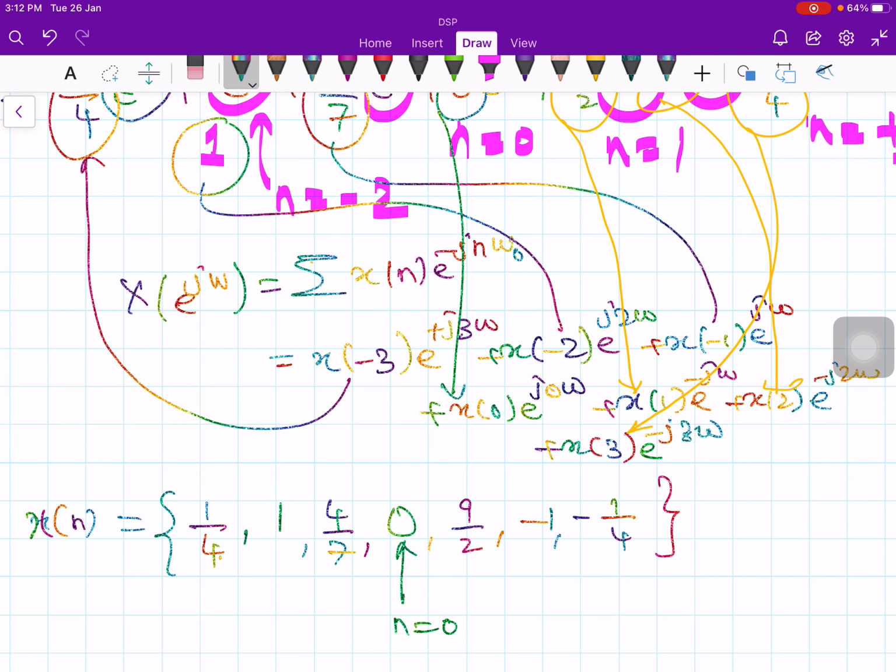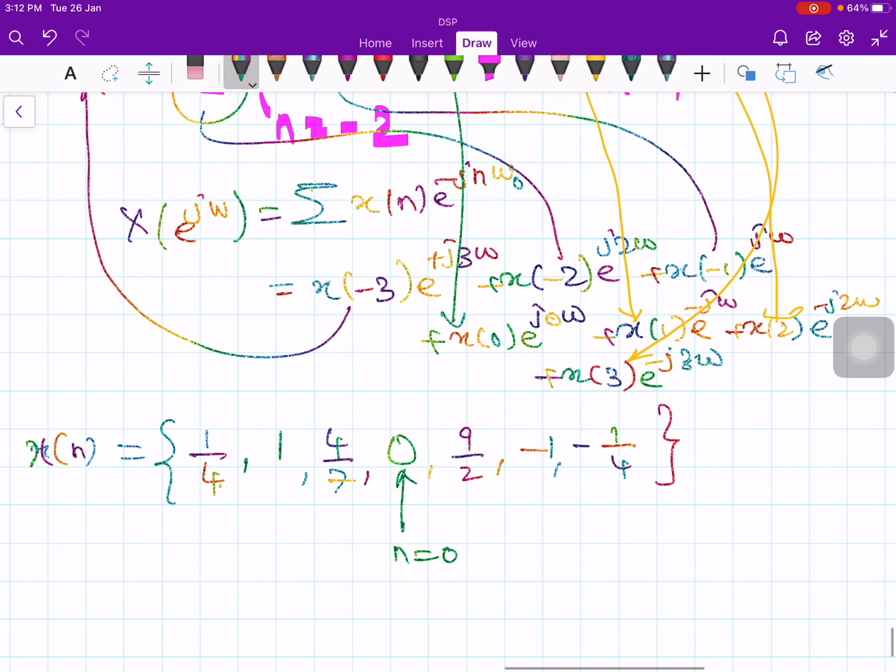This is n equal to 0, so you must indicate where the pivot is. Okay, so this is my pivot location.